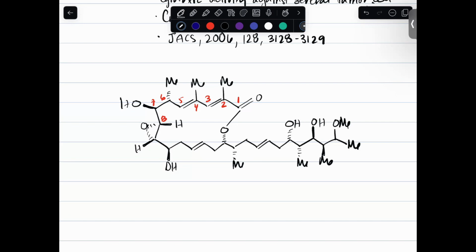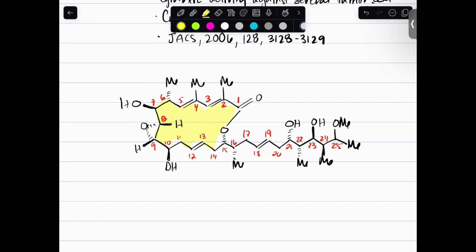Let me go ahead and finish numbering it. And so you can see the 16-membered ring, 16 atom ring.